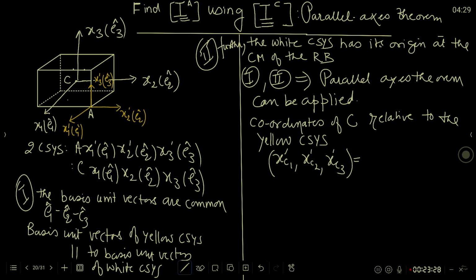Recall, this edge I am calling A, this edge I am calling B, and this I am calling C. Where does C lie measured from the yellow coordinate system?